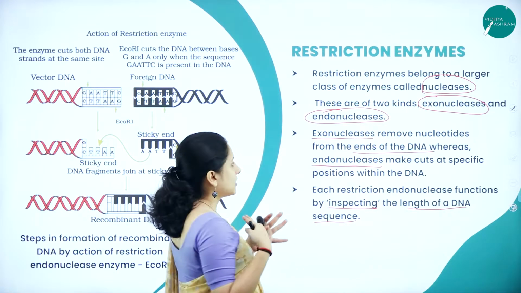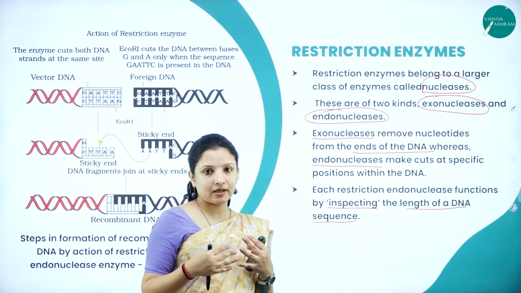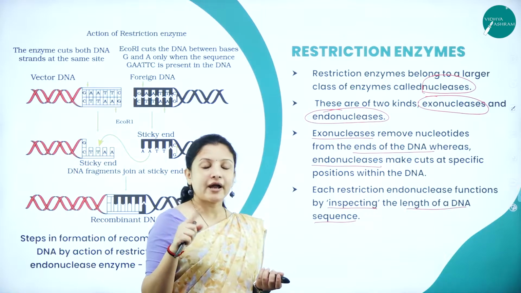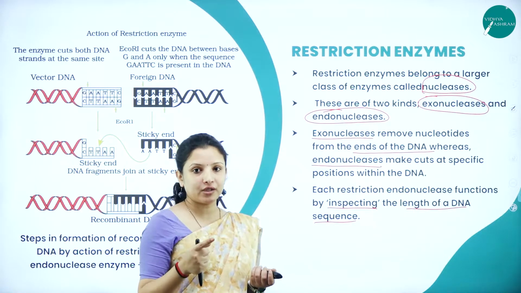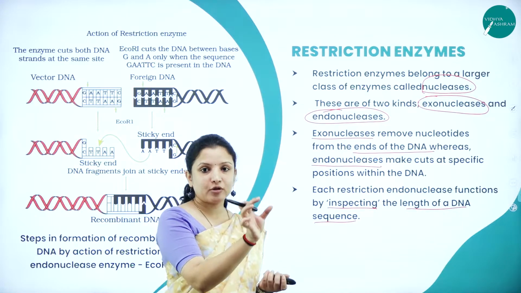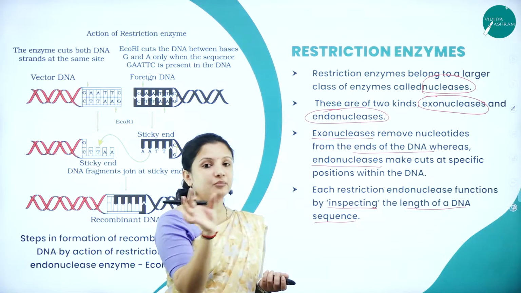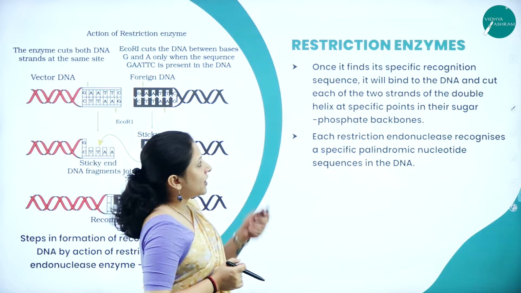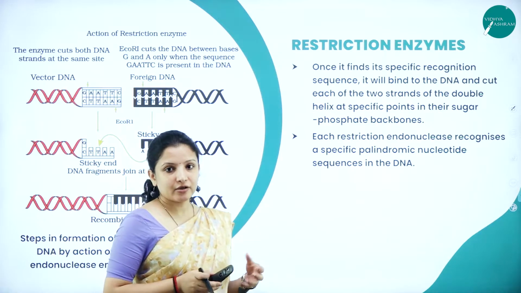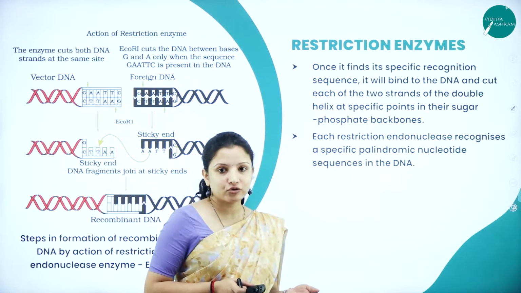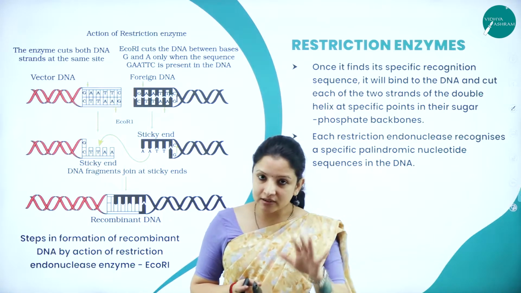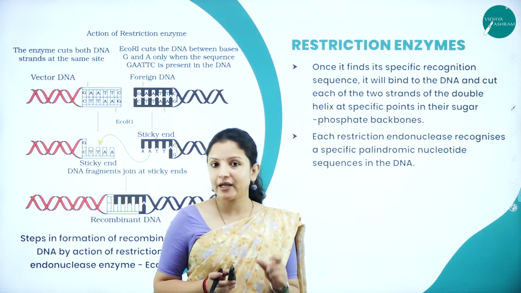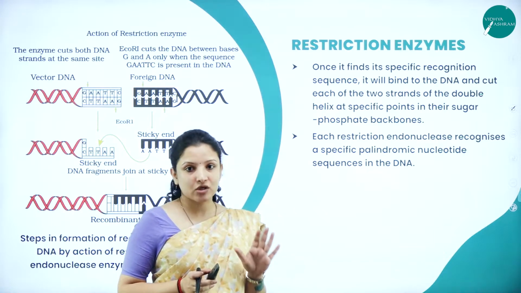So HindIII or HindII is an endonuclease. Why? Because it is capable of cutting the DNA strands in between. That is about restriction enzymes. We'll talk about endonucleases in detail, because in this chapter on recombinant DNA technology, we are using endonucleases as restriction enzymes.